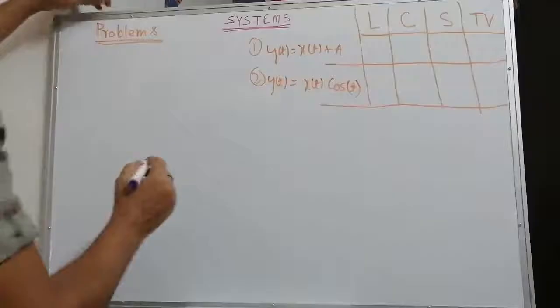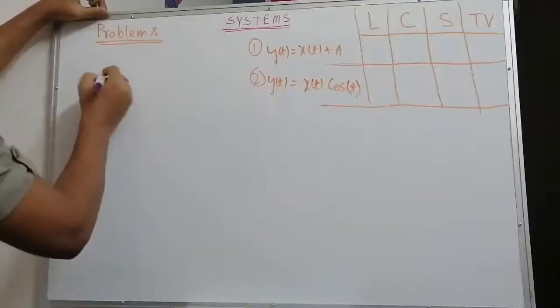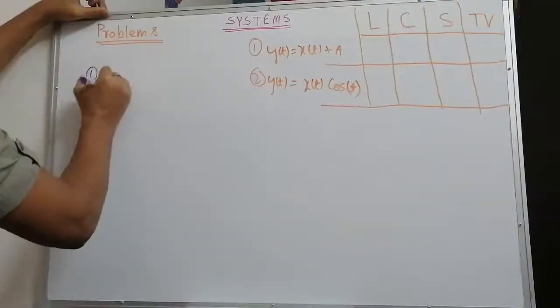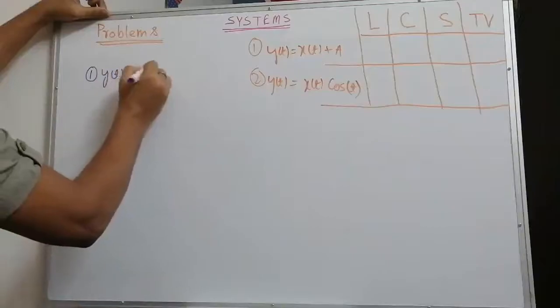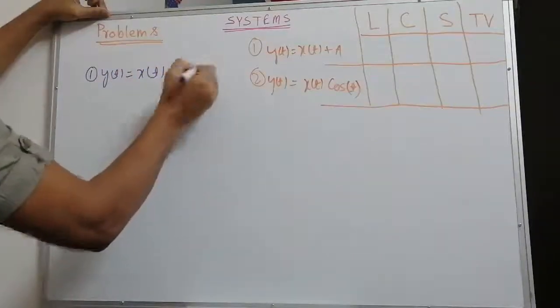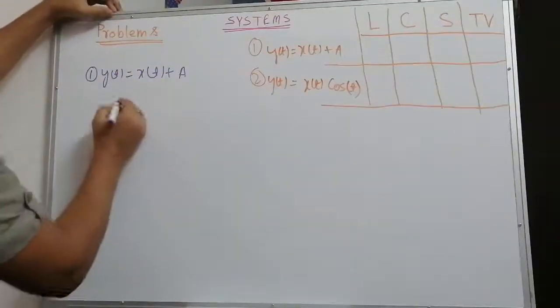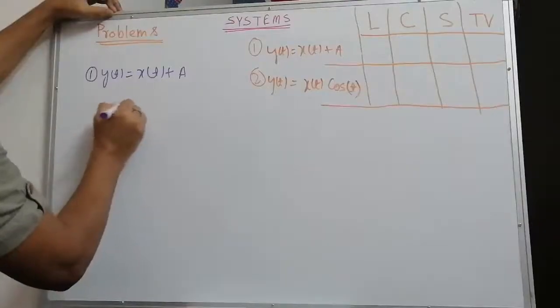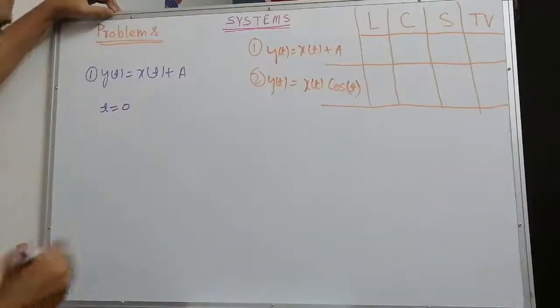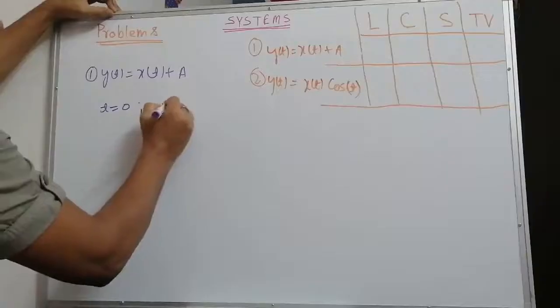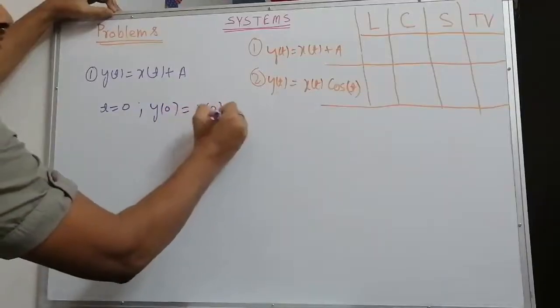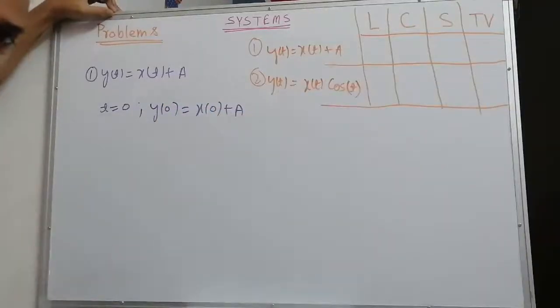For the system to be static, let us say the first example, y of t is equal to x of t plus a. If we put t equals 0, the present time, y of 0 will be equal to x of 0 plus a.